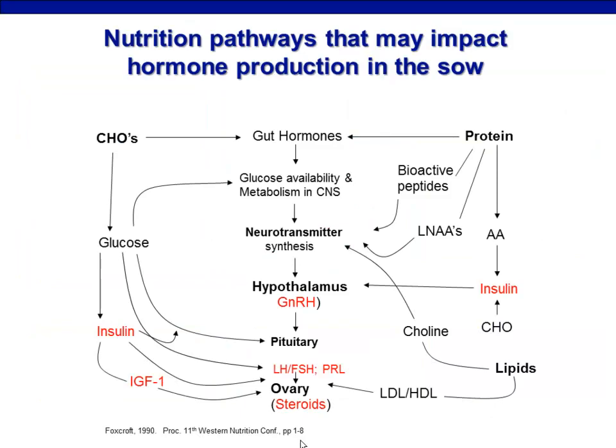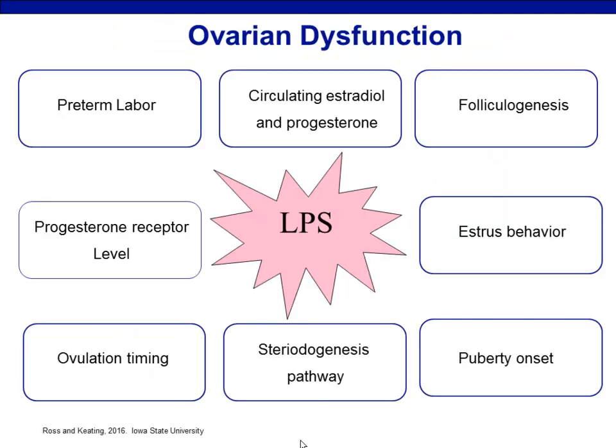If we take a look at this and look at ovarian dysfunction, and thank you, Dr. Ross, for your contribution here, circulating estradiol and progesterone go down, along with follicular genesis and estrous behavior. These, and puberty, really are the pathways that cause a lot of problems with gilts.